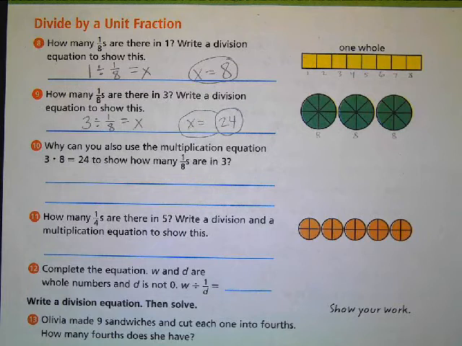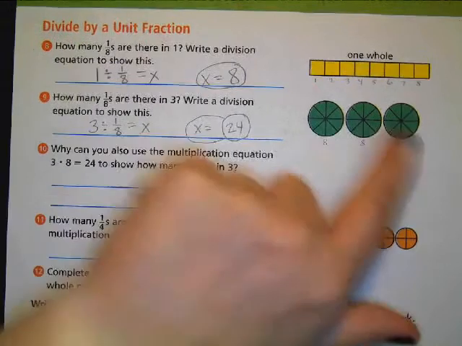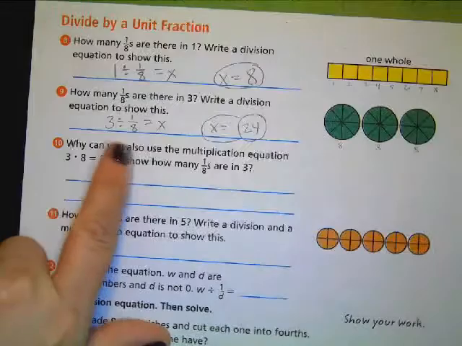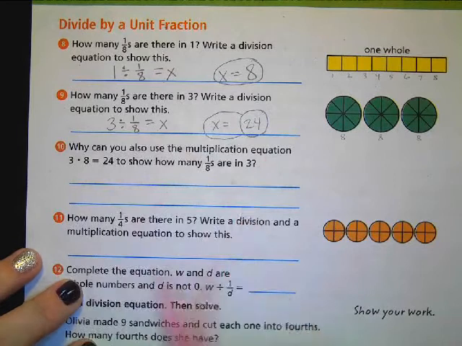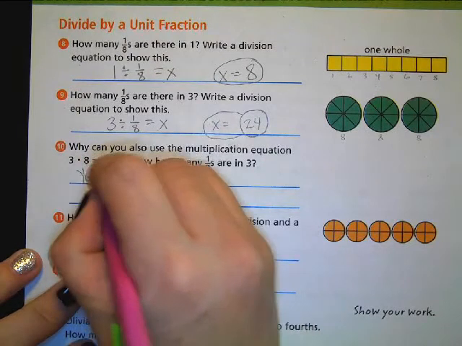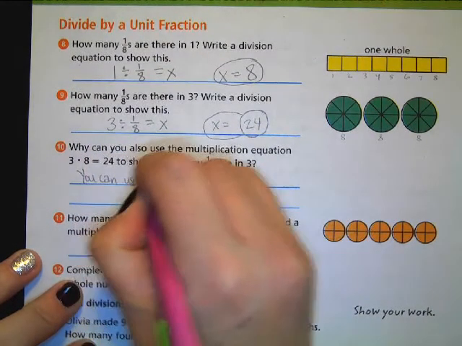Okay. Why can you also use the multiplication equation 3 times 8 to show how many 1/8 are in 3? So why did this end up being 8 times 3 instead of 3 divided by 1/8? Why can you also use the multiplication equation?